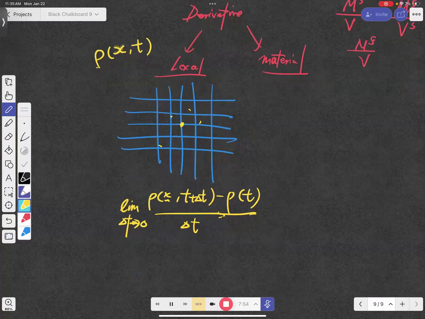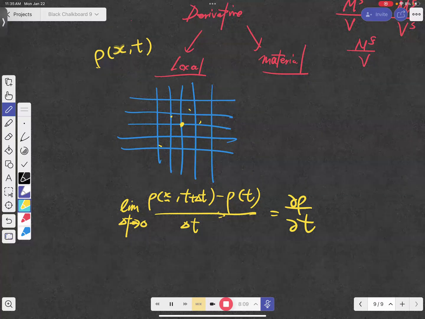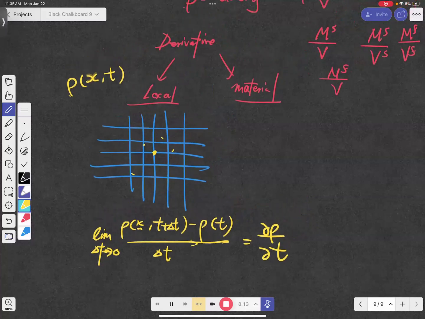Does that make sense? So what is the calculus definition of this? This is the partial derivative with respect to time, because I don't really have any spatial dependence.